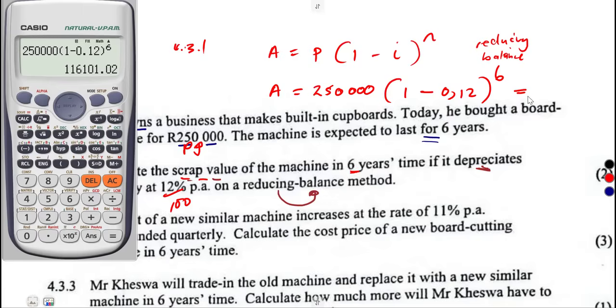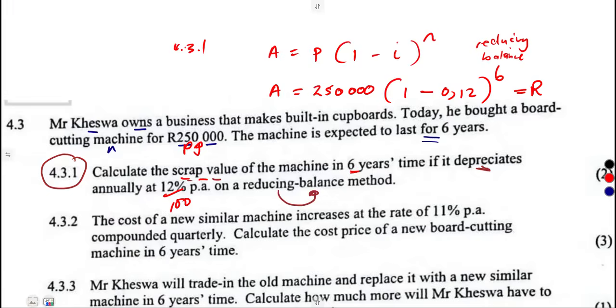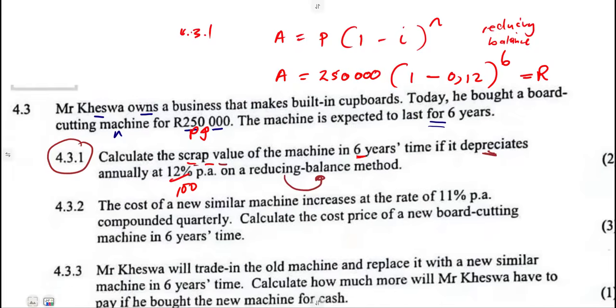So this is the total, the accumulated amount. All right, let me just write my answer here. So this was going to give us 116,101.02. All right, which is to 2 decimal places.